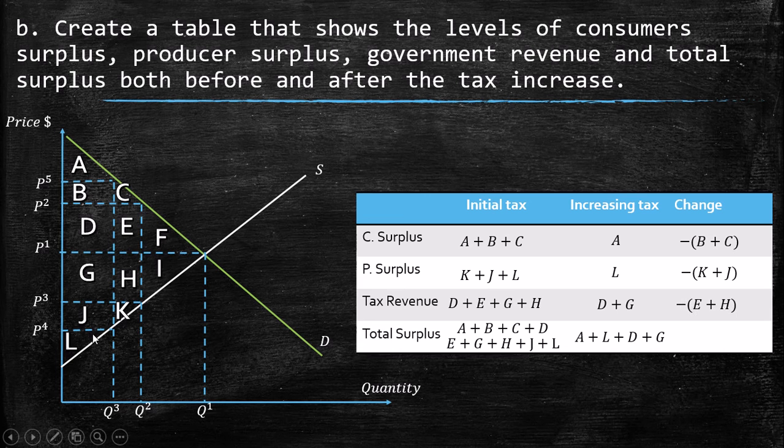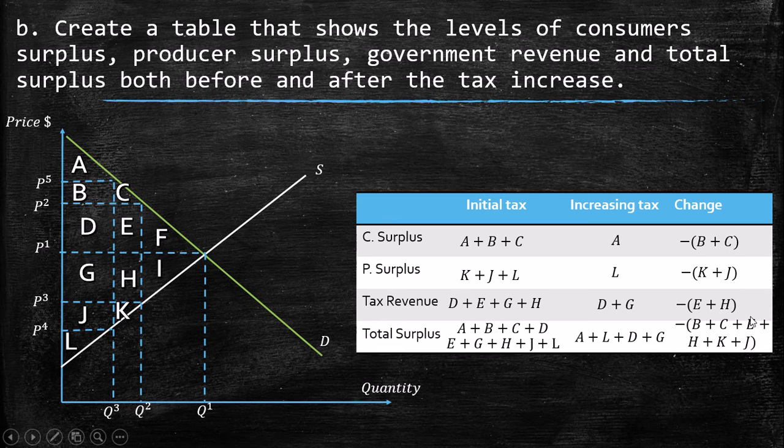And the tax revenue, they won't receive E and H, but instead they will receive B and J. Because they didn't have this before, but they have it now, so it's BJ.